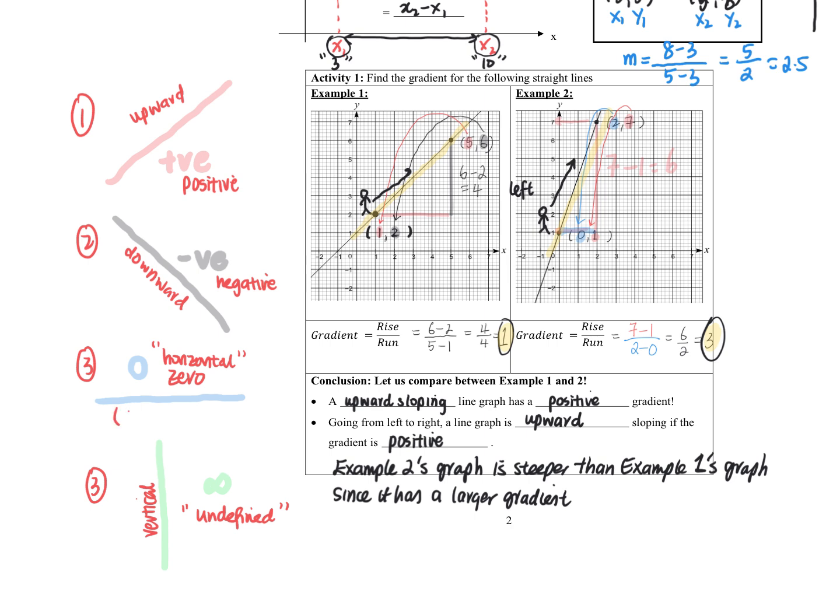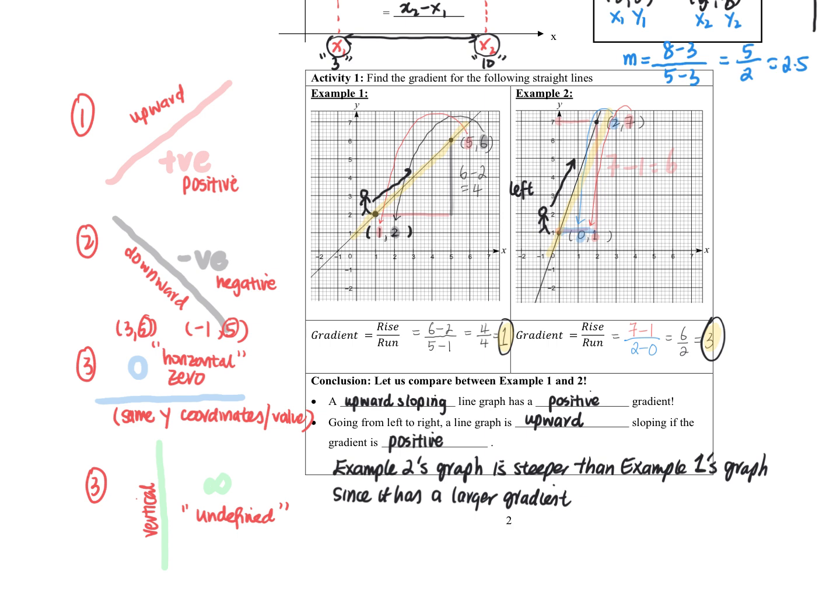In this case, your y coordinate will be the same, or we can say the y values are the same. For example, if I have (3, 5) and (-1, 5), the y coordinate is the same for both, so it must be a horizontal line, and you will definitely get 0 gradient.